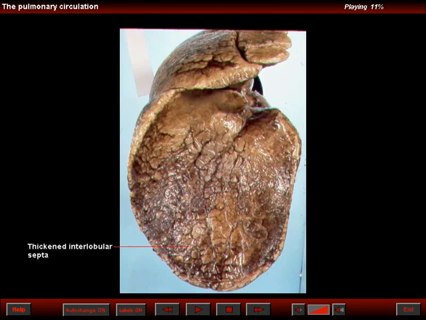This is a photograph of the diaphragmatic surface of the lung of the previous patient, and one can see the intense impregnation of the connective tissue of the walls of the secondary lobules, and the increase in reddish color due to hypostatic congestion, chronic congestion from heart failure.